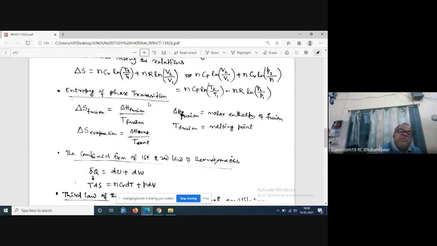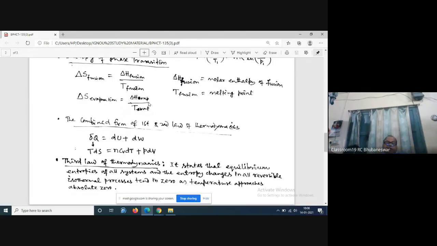Now, if you want to combine the first law and second law of thermodynamics, how does it come? Now see, the first law of thermodynamics is delQ equals dU plus dW: supplied heat equals change in internal energy plus work done.